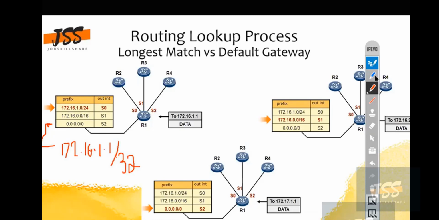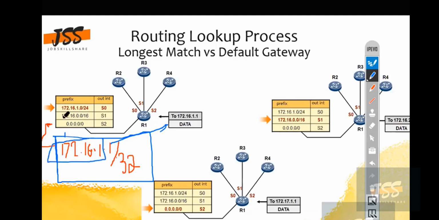The entry that you just entered, because it matched the data exactly. Exactly. This is the perfect longest match. This is a one-to-one match. So the router is going to give priority to this over this, even if they have 172.16, even until here. Because this is an exact match, and we know the longest match is always preferred.